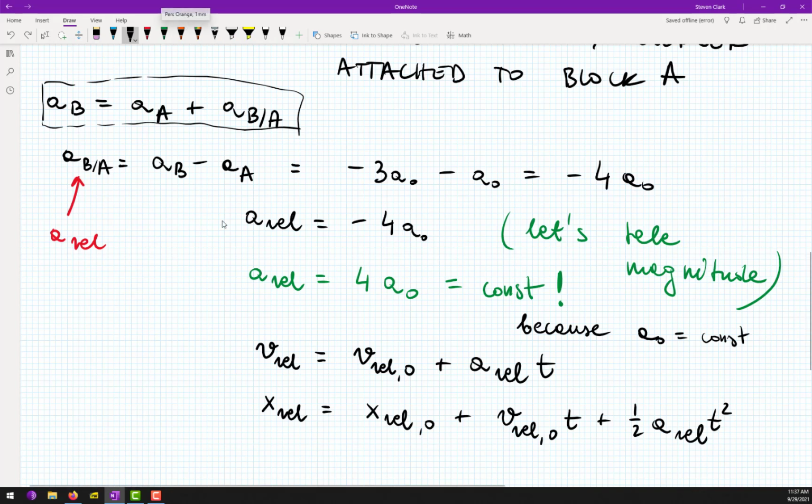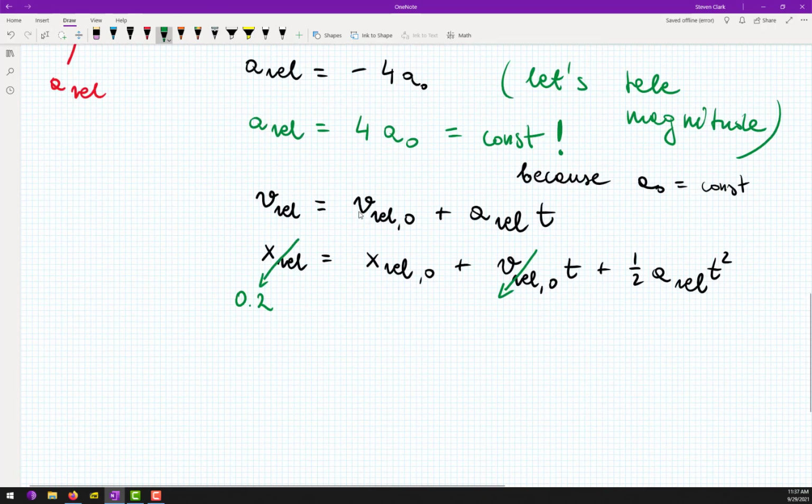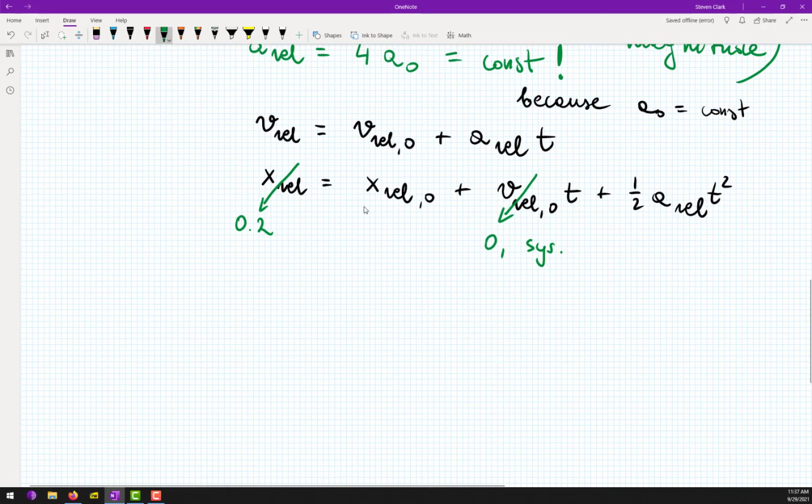All right, and they asked us about displacement. They told us that we should find something when displacement is 0.2. So maybe you guys can tell me, what is v relative at the beginning? Exactly, this is 0. The system starts from rest.